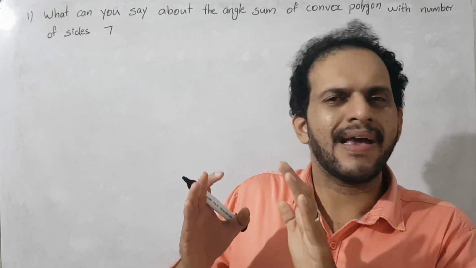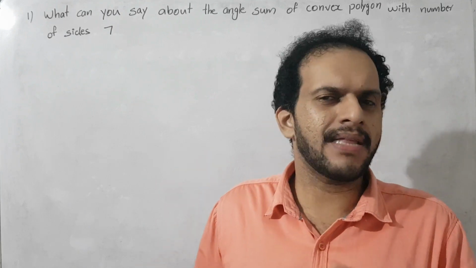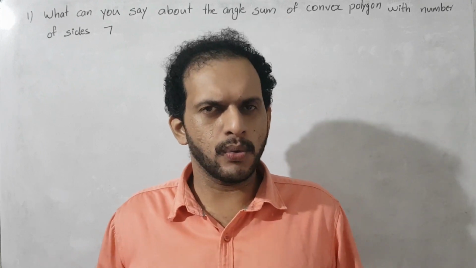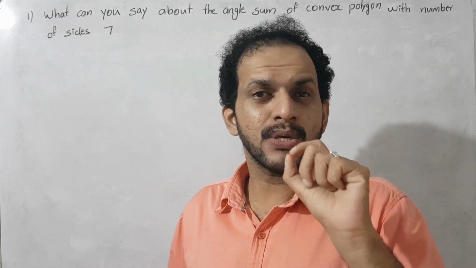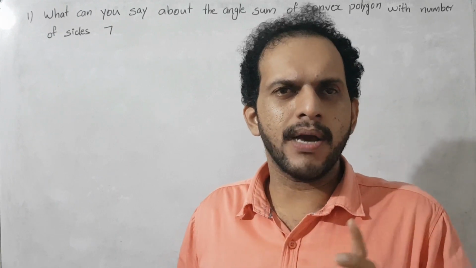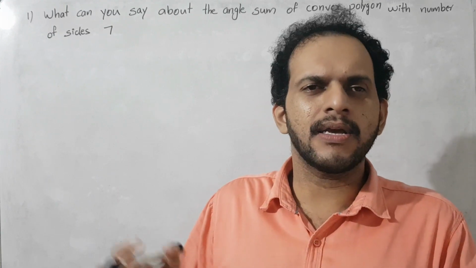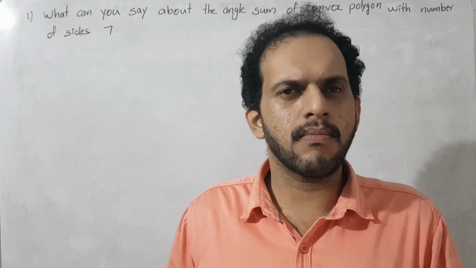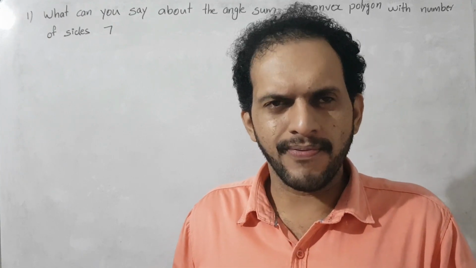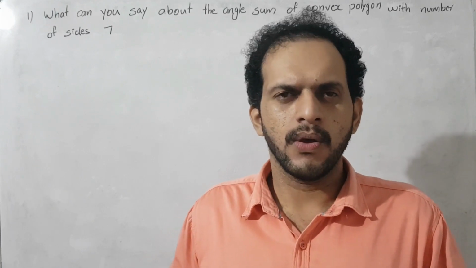If a polygon has n sides, what is the angle sum? The angle sum of the polygon is equal to (n minus 2) into 180. The number of sides minus 2, the result into 180, is the angle sum of the polygon. Correct? A polygon with the number of sides n.